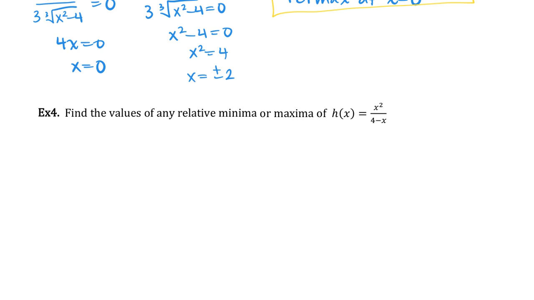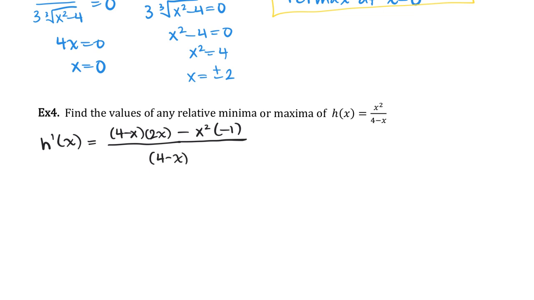Okay, first thing, find the critical numbers. So I need the first derivative. Can I make this better? Nope, I'm going to use the quotient rule. So low d high minus high d low, square the bottom, and away we go.